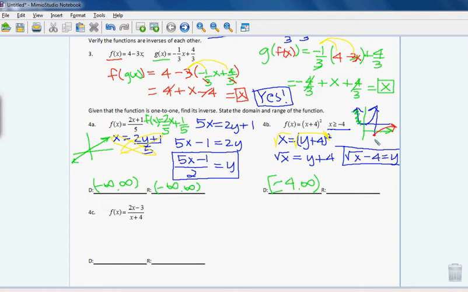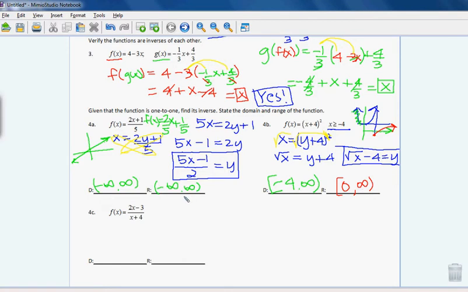So the range of this, or I'm sorry, the domain of the inverse would be 0 to infinity. But again, if we're looking at that x, you can take the square root of 0, but you cannot take the square root of a negative number, so it has to be greater than that. So x is 0 to infinity.